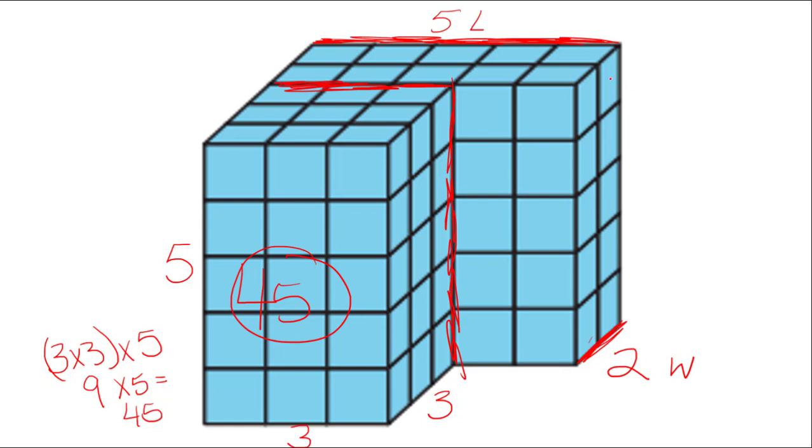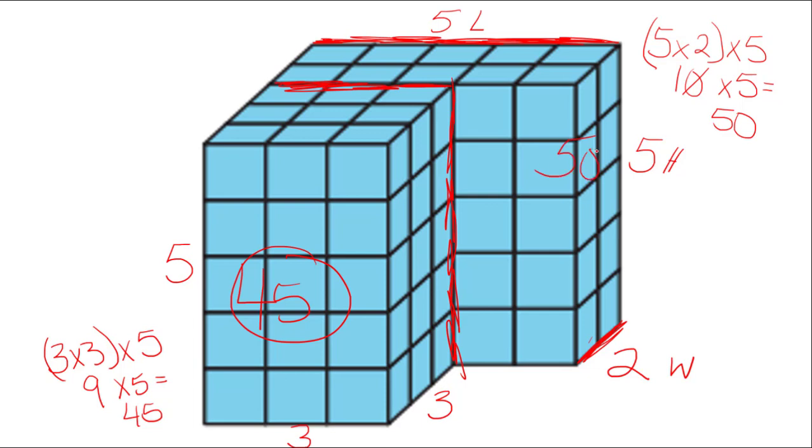And the height is 5. So I have length times width in parentheses times height. 5 times 2 is 10. Bring down what you haven't done. 10 times 5, take off that 0. 1 times 5 is 5. Put the 0 back at the end. 10 times 5 is 50. So 50 is the volume for this one.